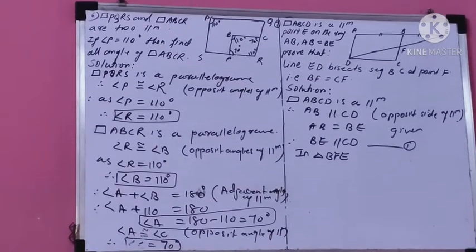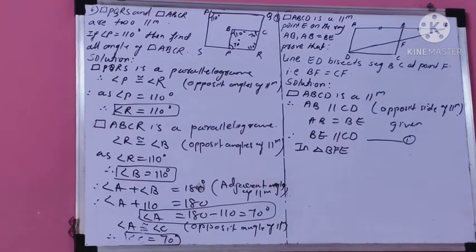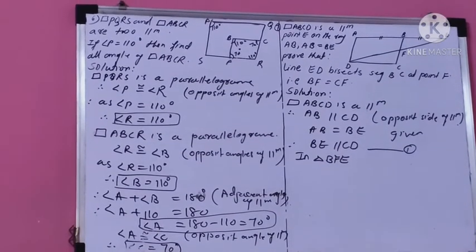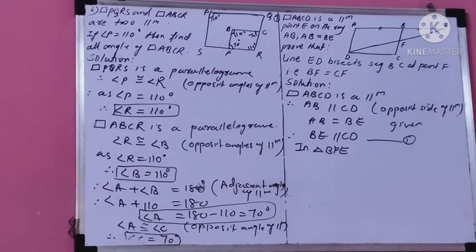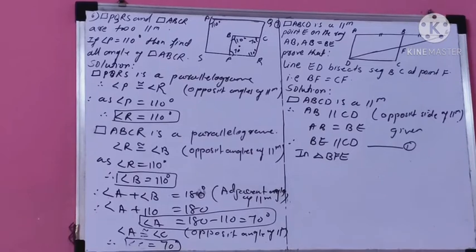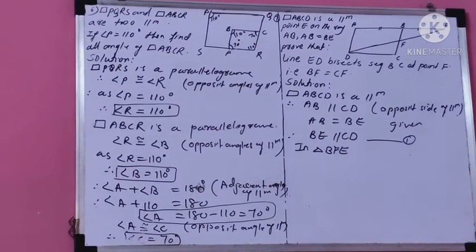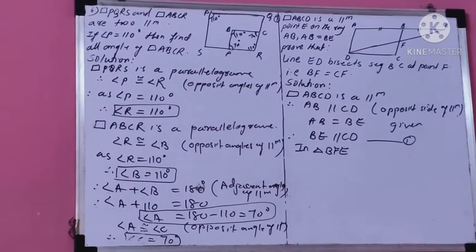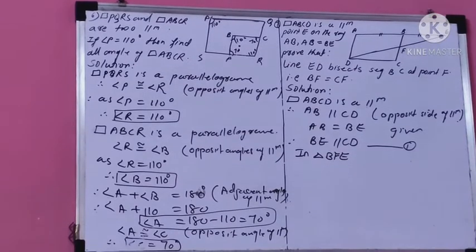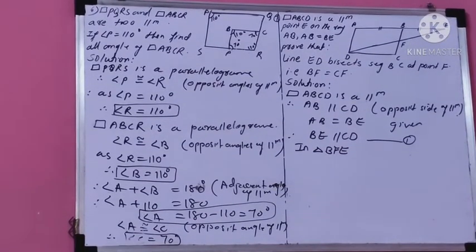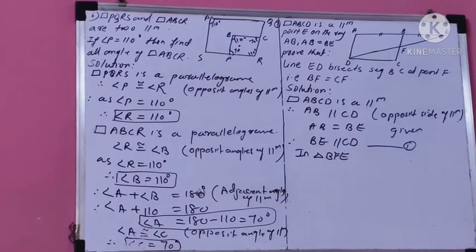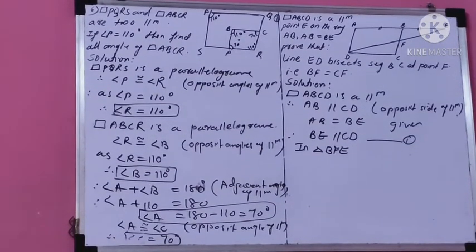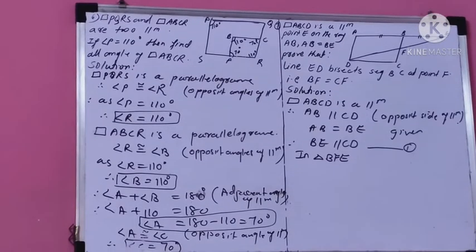Now you know that the opposite angles of this parallelogram PBCR are congruent. So angle A is congruent to angle C. As angle A is 70 degrees, angle C is also 70 degrees. And angle B is congruent to angle R. If B is 110 degrees, then R is also 110 degrees. So your answer, angles of quadrilateral PBCR are 110 degrees, 70 degrees, 110 degrees and 70 degrees.